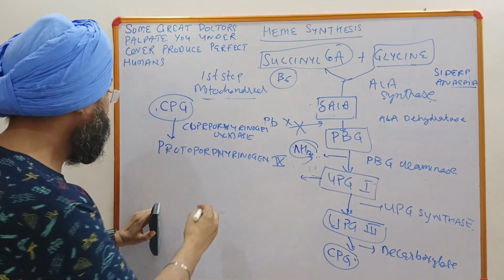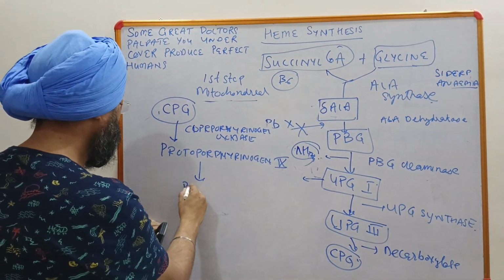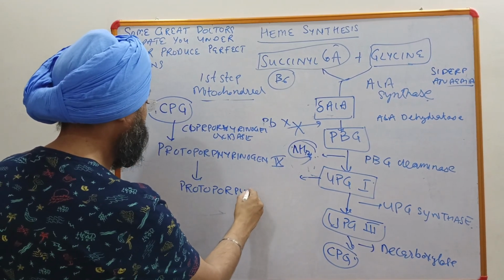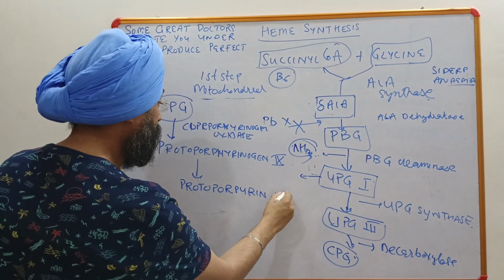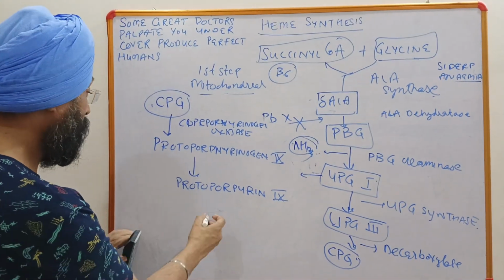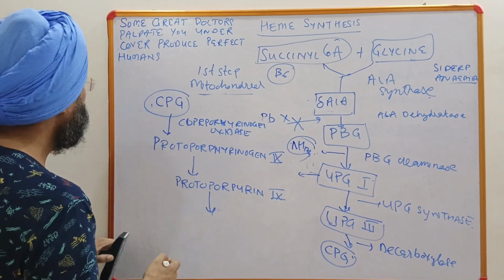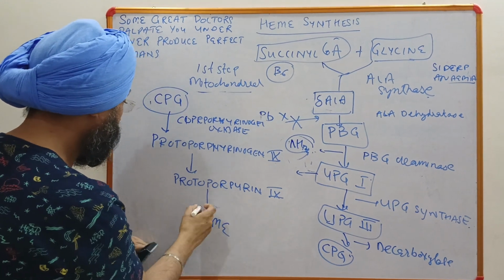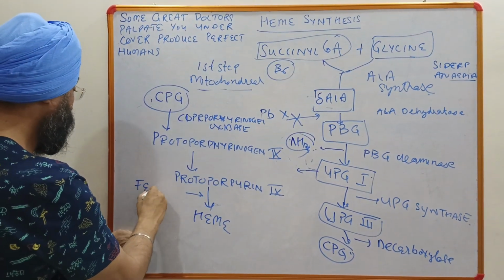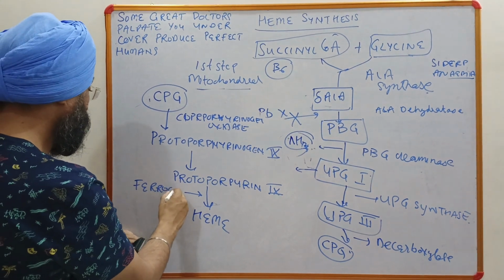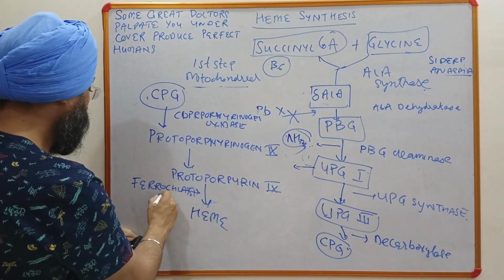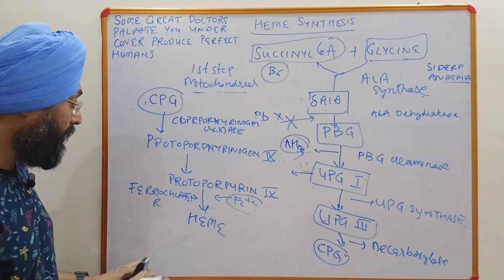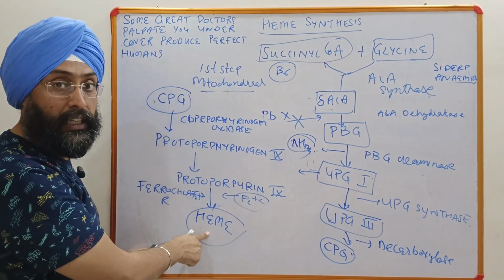From protoporphyrinogen 9, we will get protoporphyrin 9, right? From protoporphyrin 9 we will get finally heme by the ferrochelatase reaction, and Fe2+ is added, and we'll get finally the product that is heme, right?